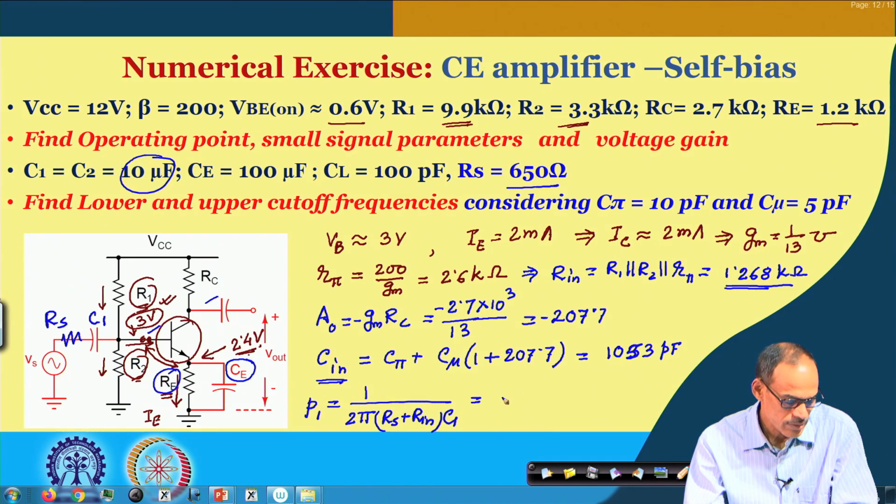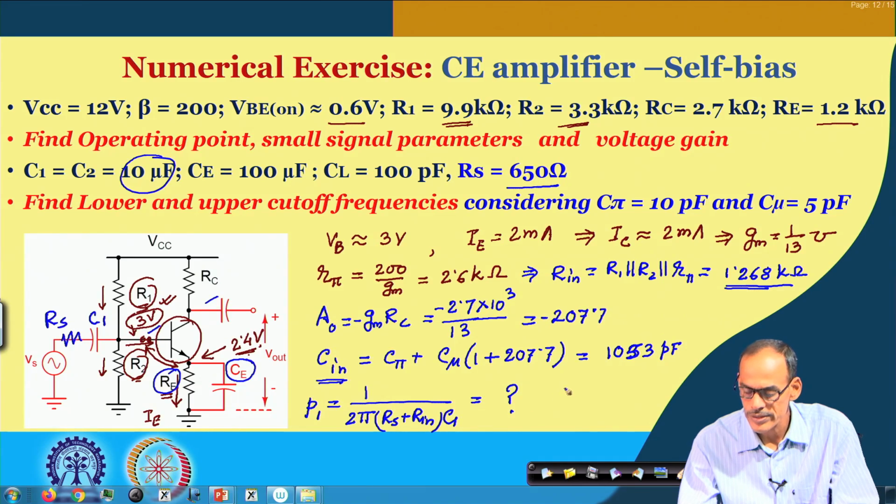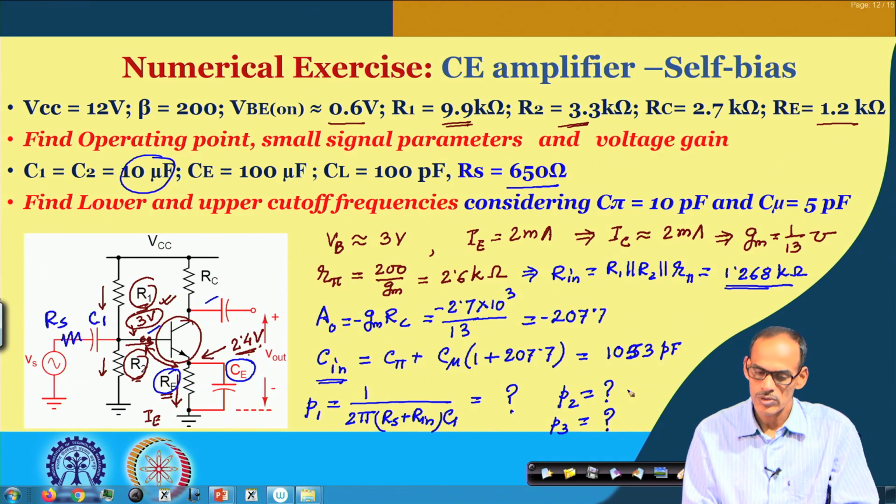So, you can find the value of this one. Likewise, you can calculate P2 and then P3. I will not be doing this one, probably you can simply try it out and get the corresponding solution.